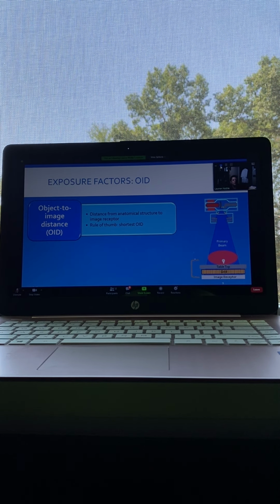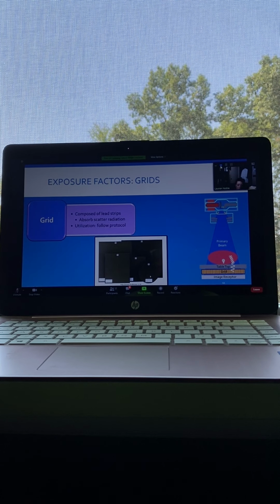Grids is another factor you'll be dealing with. Grids are composed of lead strips. They will absorb scatter radiation, but you have to follow protocol for using a grid. And these are just some examples of different sizes and shapes of grids. The grid is located under the tabletop.